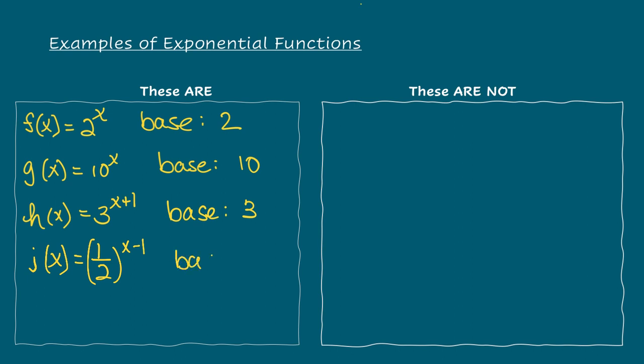Our base, in this case, is 1/2. So these are all exponential functions. These all have a constant base, and they all have a variable in the exponent.